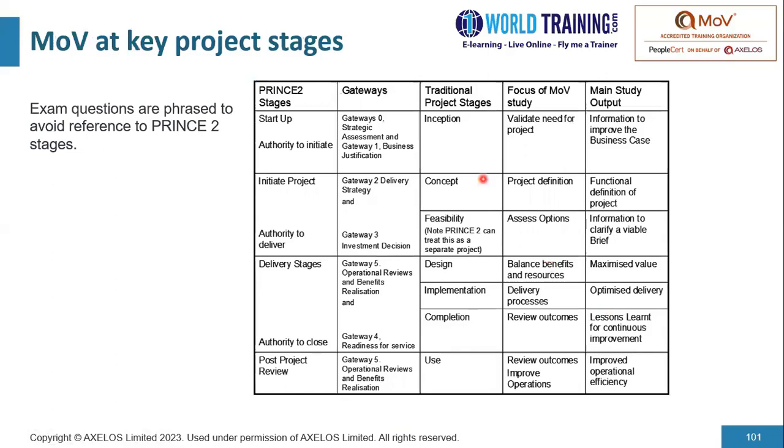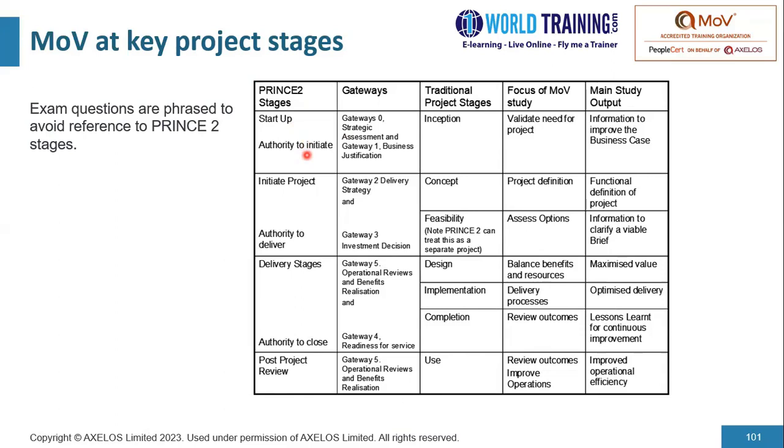So here we have a good example of MoV across key project stages. Let's use a Prince2 approach, for example. Let's say during the startup phase, we are seeking an authority to initiate the project.